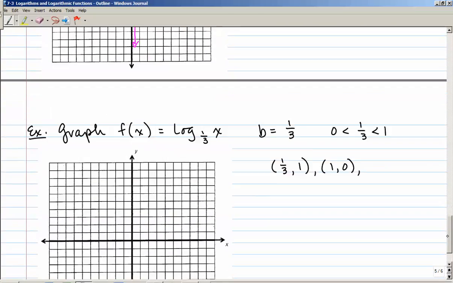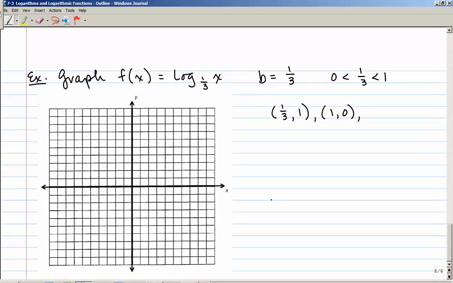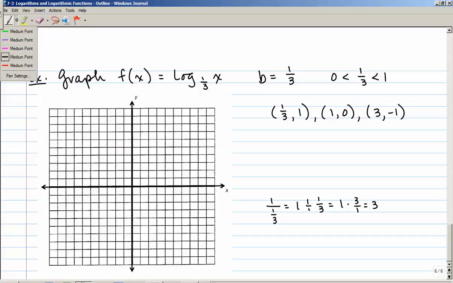Now what is 1 over 1/3? Well, that's the same as 1 divided by 1/3, or 1 times the reciprocal, or 3. Okay, so 1 over b in this case is going to give me a 3, and then I have the point negative 1.